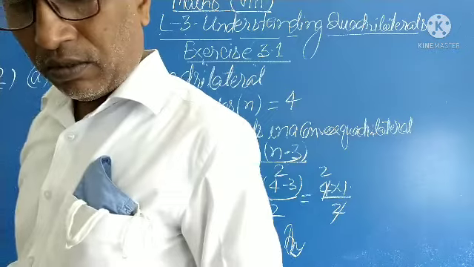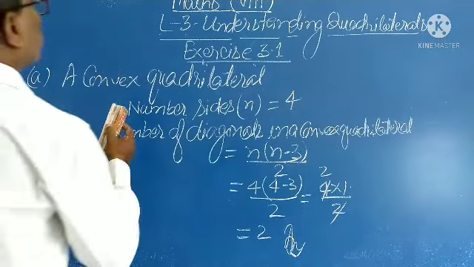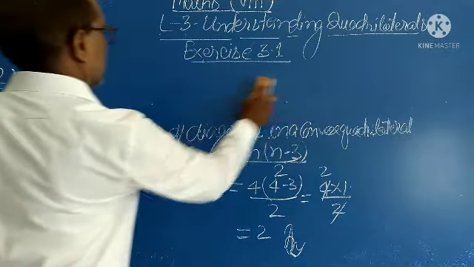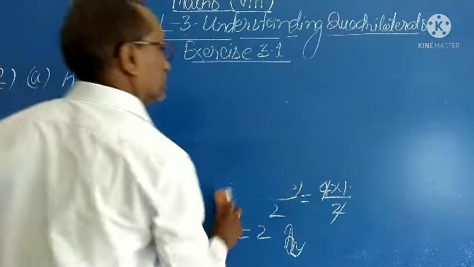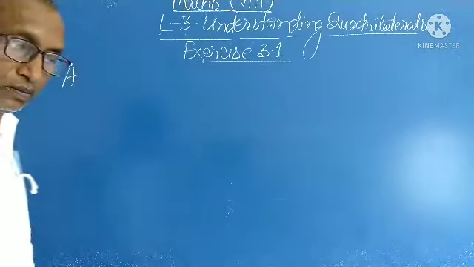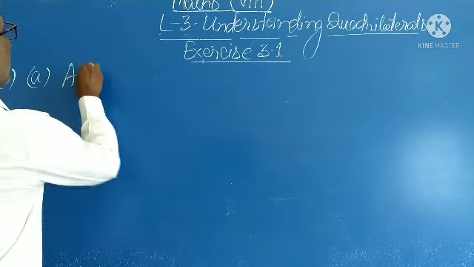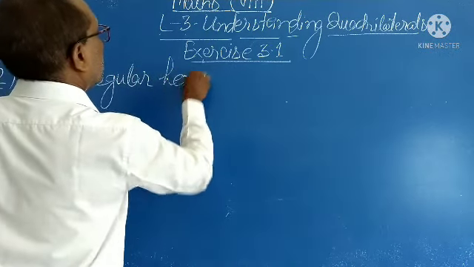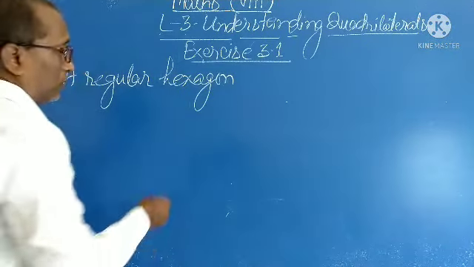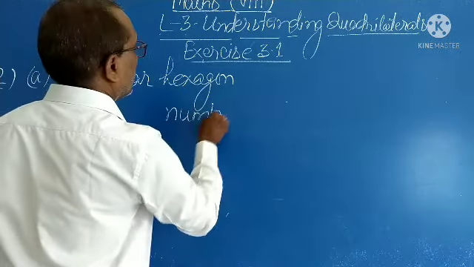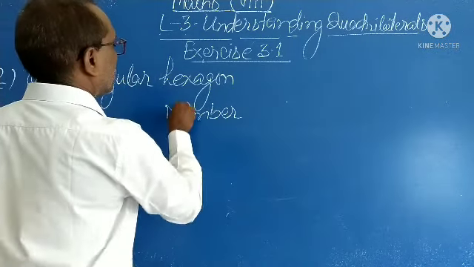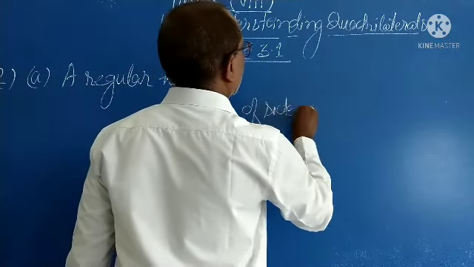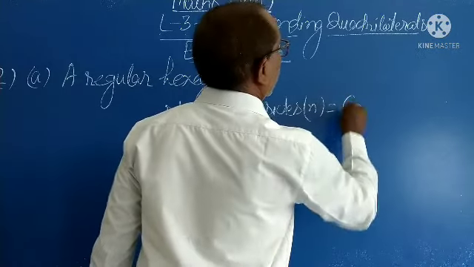You write down part B, a regular hexagon. Number of sides, n is equal to 6.